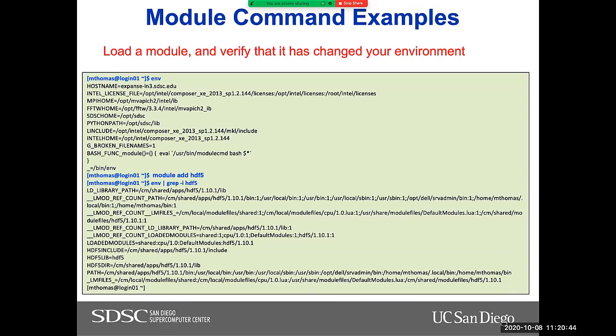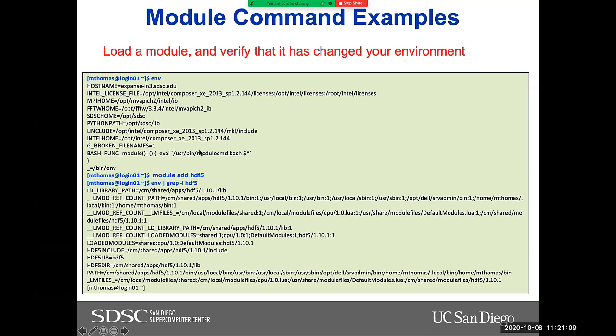Okay, so load a module and verify that it's changed your environment. Sometimes you need to know what's happened to your environment, especially if you're moving around through a lot of coupled models or whatever. So you can look at your environment and figure out what you've got in it. Again, this is chopped down. Then I wanted to add HDF5.